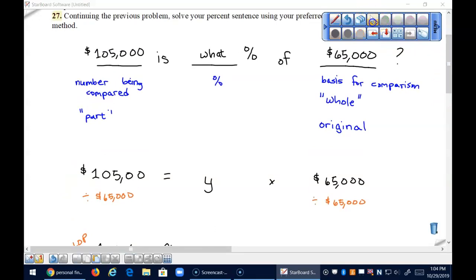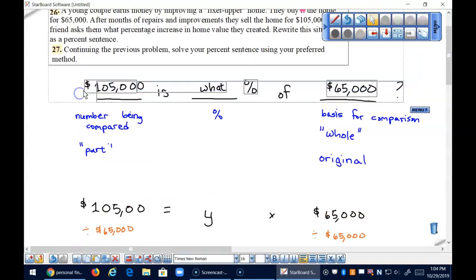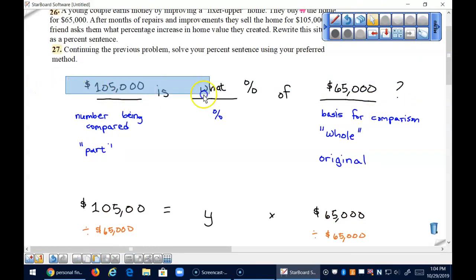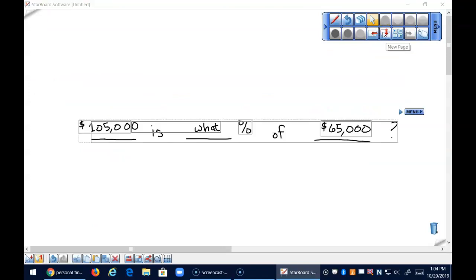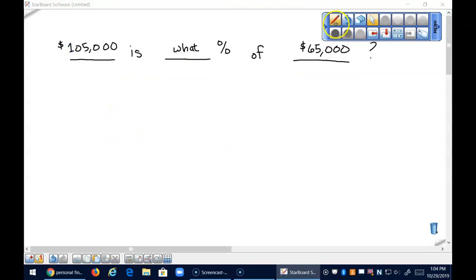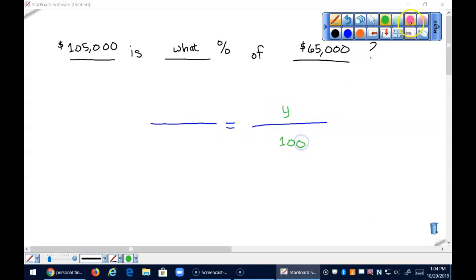So, skeleton, the percent, the thing that comes after of, and whatever's left.